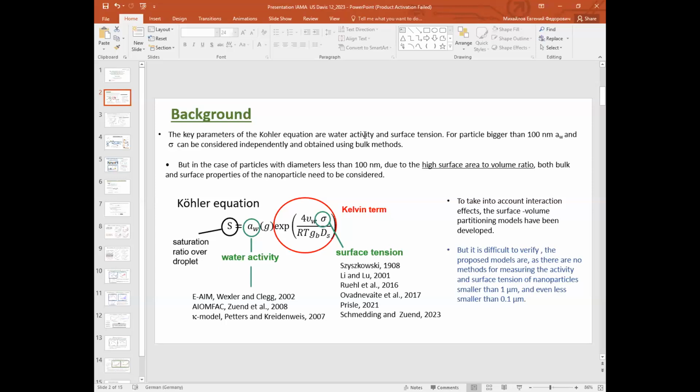But there is one problem because it's difficult to verify the proposed model. There are no methods for measuring the activity and surface tension of nanoparticles smaller than 1 micrometer.